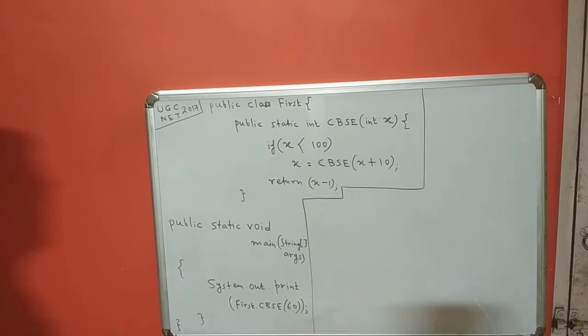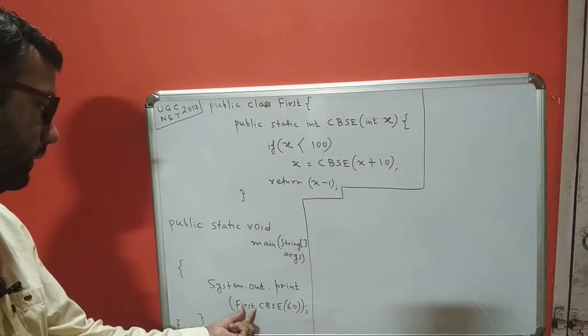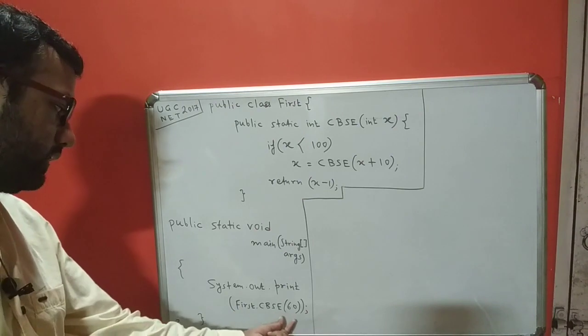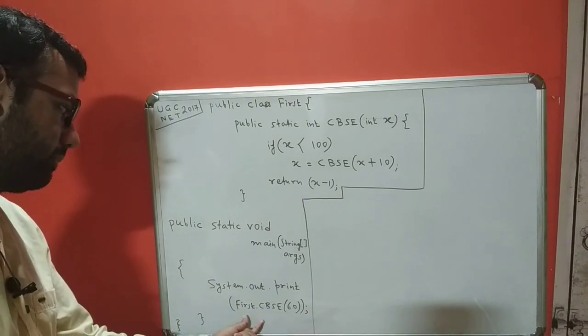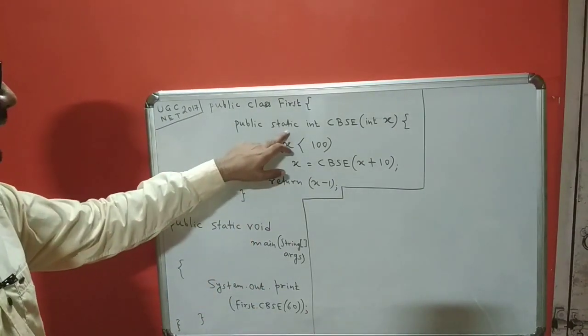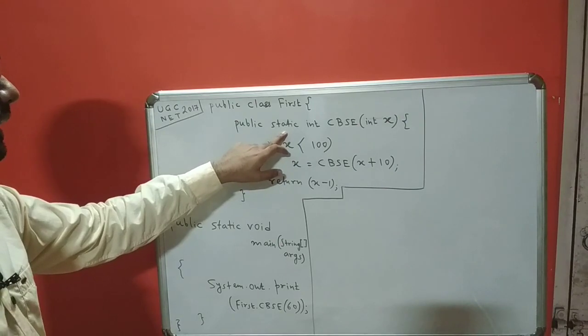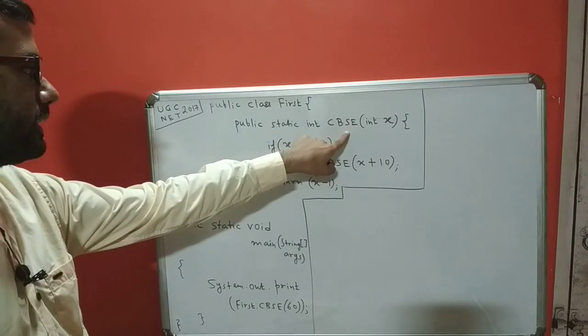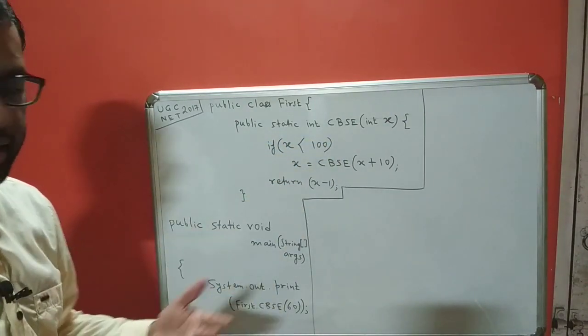Since static variables and static methods are class variables or class methods, they are called on a class. That's why we have First.cbse of 60. There is nothing wrong with this statement. Had this static qualifier not been present, then we could have invoked the cbse method on an object.